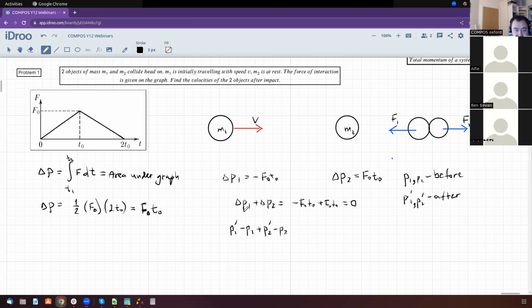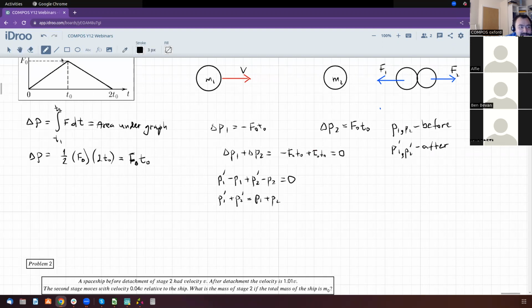So that's the change, because delta P is defined as the final minus initial. Yes? Equal 0. And here we have P1 dash plus P2 dash equals P1 plus P2. That is the same as saying momentum before equals momentum after. So we're still doing the same thing.